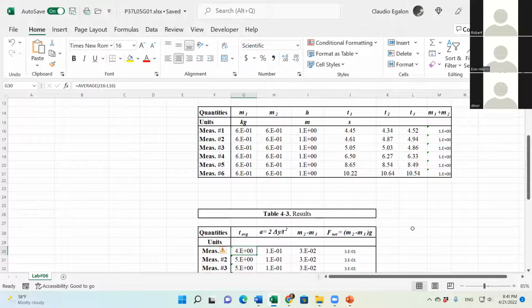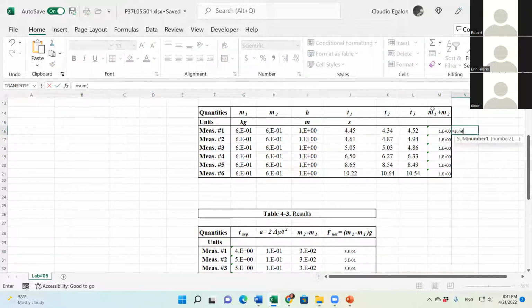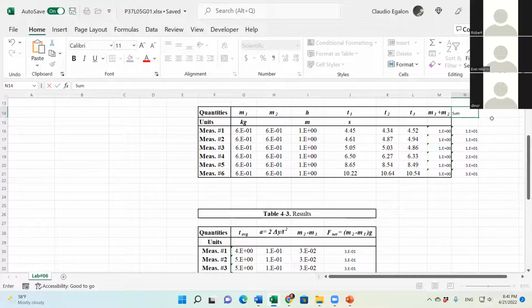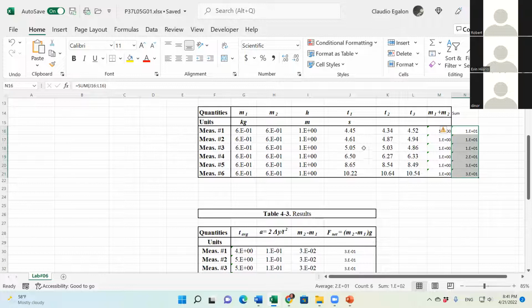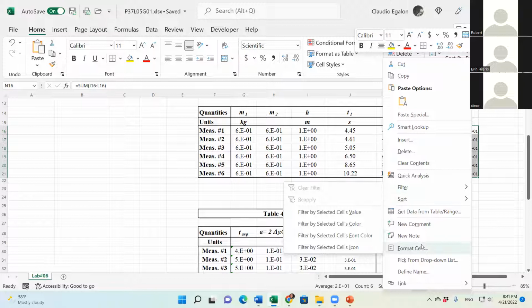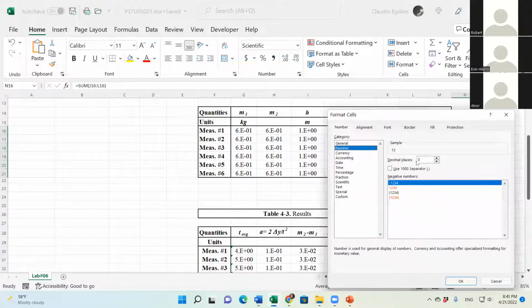First you have to sum. I'm going to sum that for you. T1 plus T2 plus T3, right? Yes. And then don't forget, since you are summing, you must have 2 decimal places there as well.